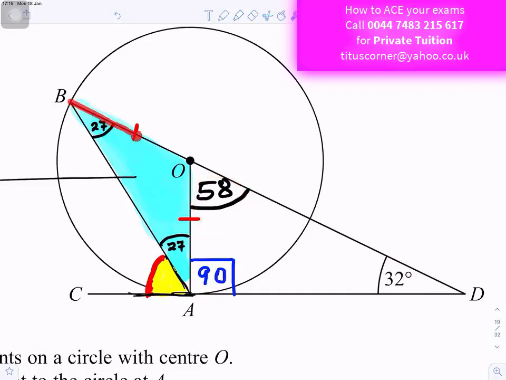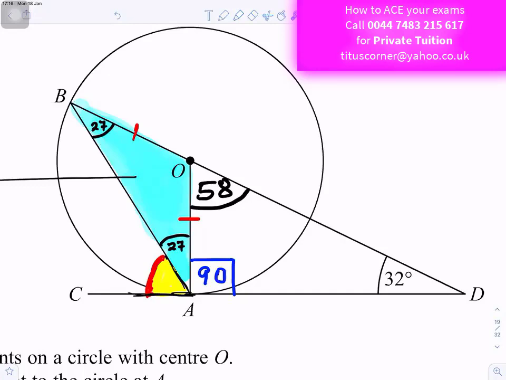And if we look at this straight line, this would be 180 degrees. So 180 minus 58 will give us this angle. And then 180 degrees minus this angle, divided by 2, will give us those two base angles. So that's the idea and that's the plan.